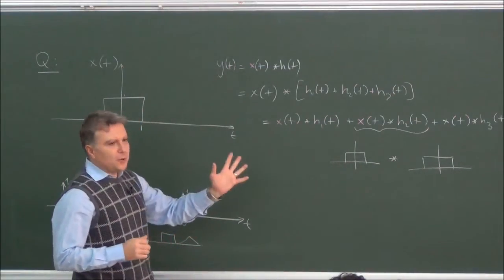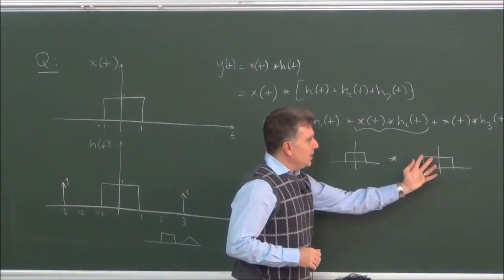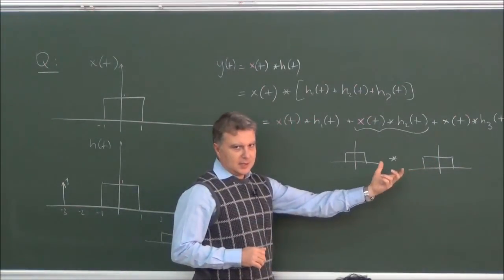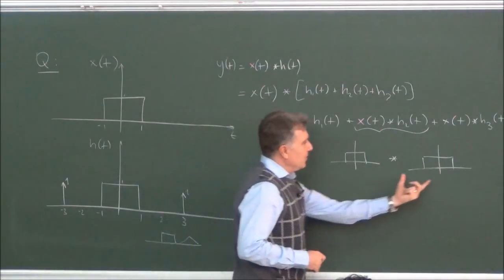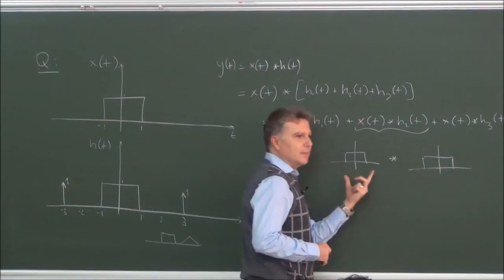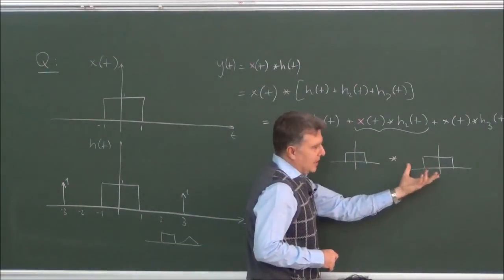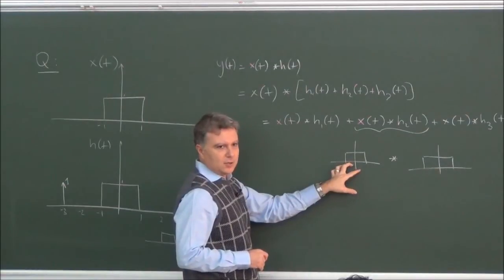When you flip around one of them, you obtain the same figure. Okay, it's the same shape. What you really need to do is slide this to the left and to the right so that the flipped-around version, which is the same, and the slid versions overlap with this first shape.